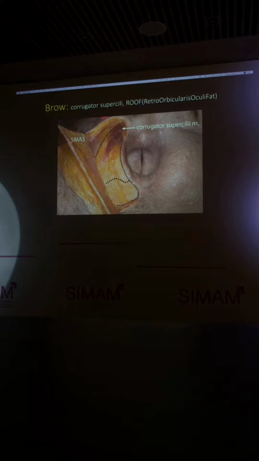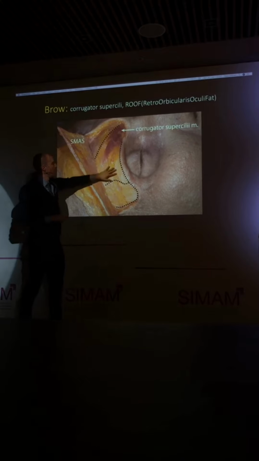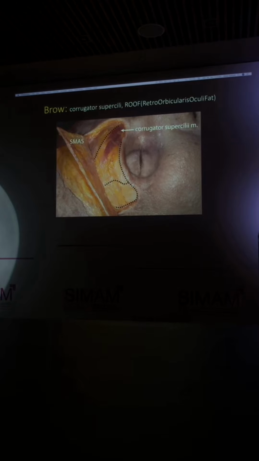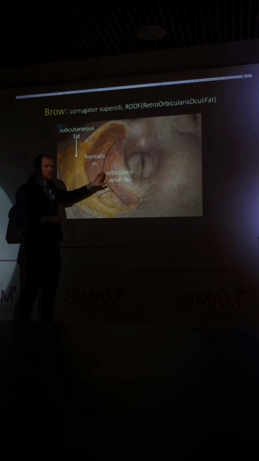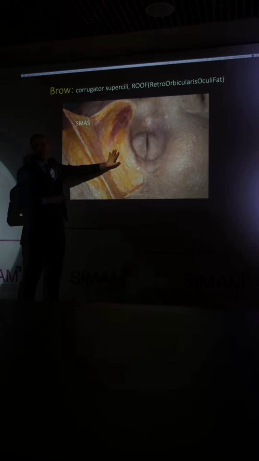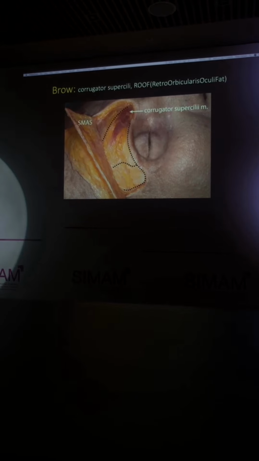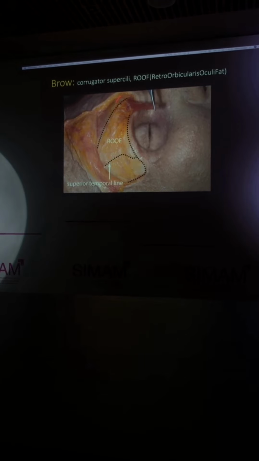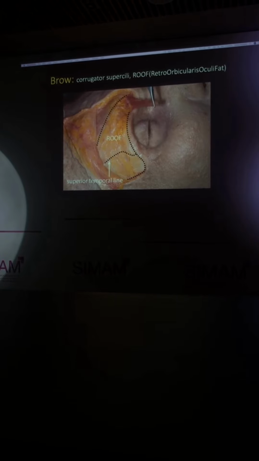What is left is the origin of the corrugator supercilii muscle and the ROOF. ROOF is an abbreviation for retro-orbicularis oculi fat, so it lies behind the orbicularis oculi. We can see again that the origin of the corrugator muscle is medial, inferior, and deep in layer number 4.